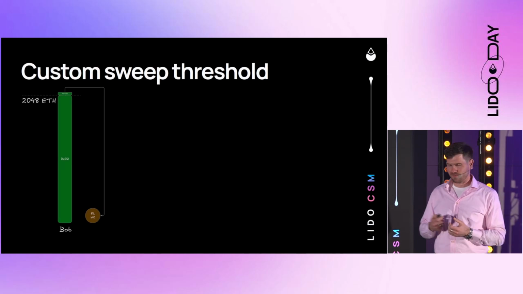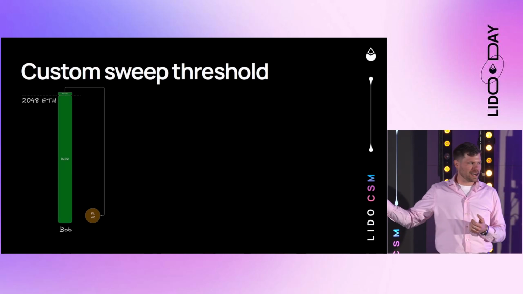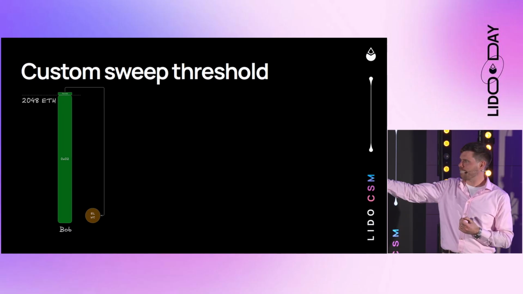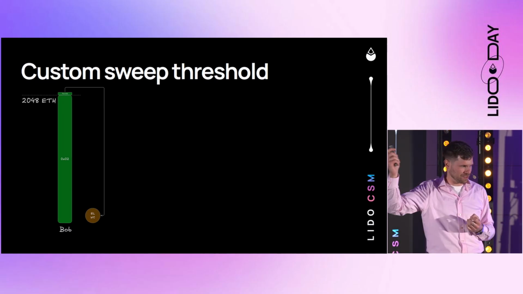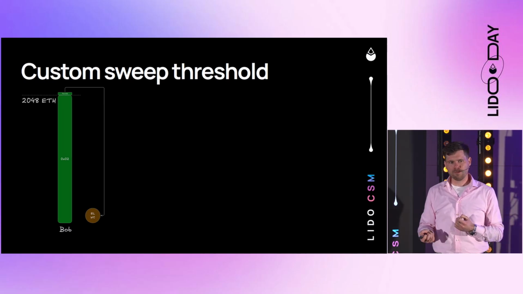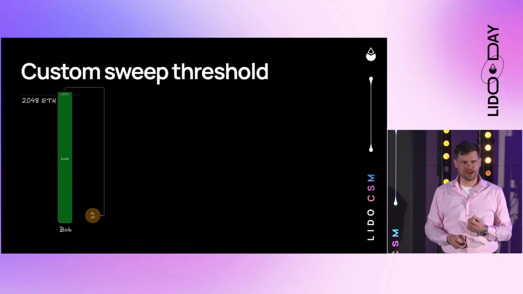Remember Bob from our previous picture, who had to accumulate rewards, or validator balance, up to exactly 2048 ETH. Well, what if Bob can choose this value?